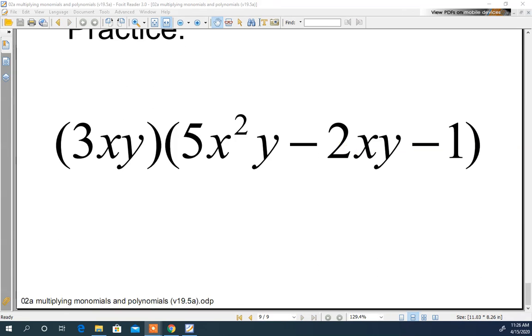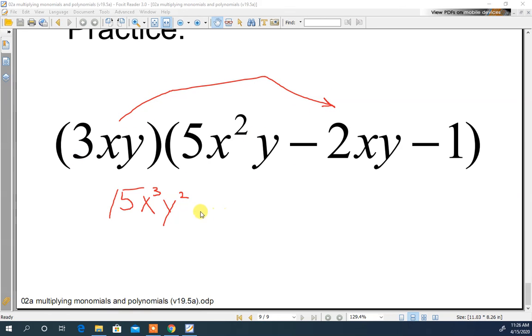Ooh, I like this one. All right, so 3 times 5 is 15. X times x squared is x to the 3rd. Y times y is y squared. Now I'm going to do the second jump right here.